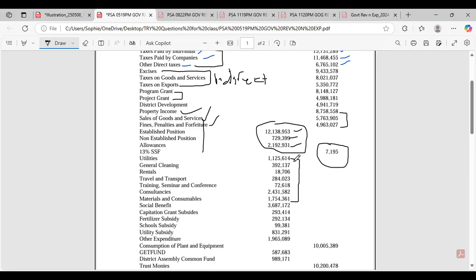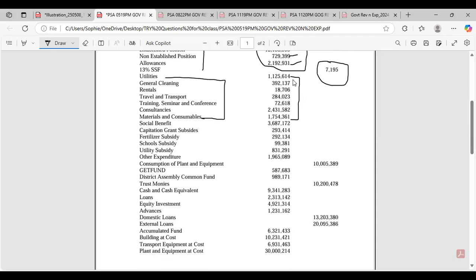So look at what I have done, from utilities up to materials and consumables. That is an expense. Everything here is either an expense or an asset or a loss. So those items I have circled like this.